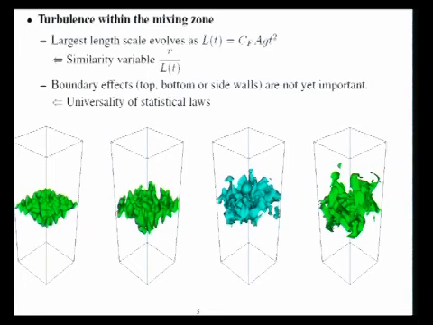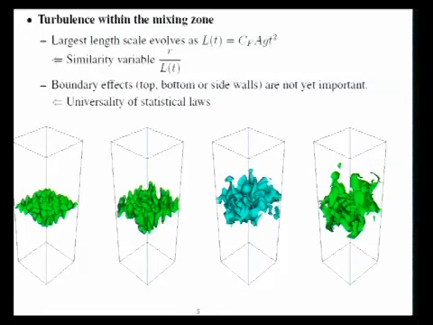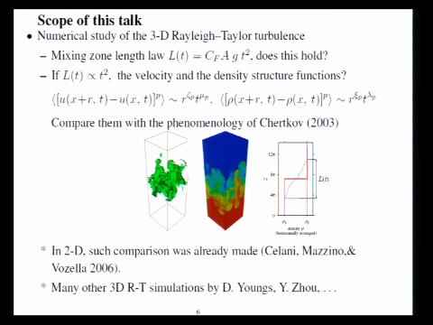In this mixing zone, the largest length scale grows like t squared. Then we can think there is a possibility to use a similarity variable defined in this way. We are also interested in the early stage of this mixing, so that we can expect the boundary effects are not important yet.